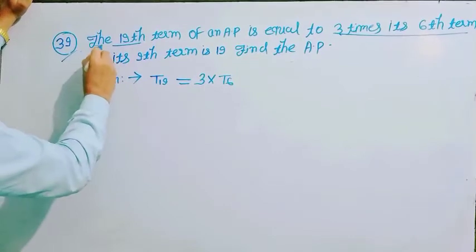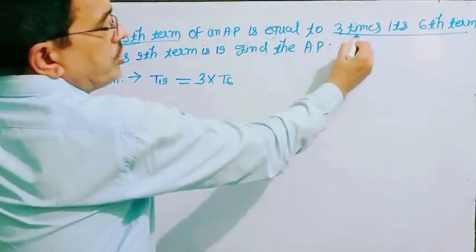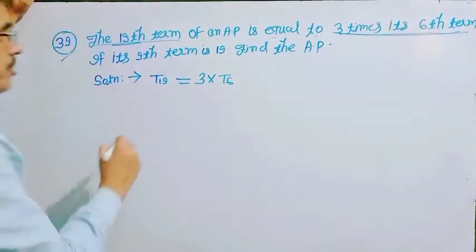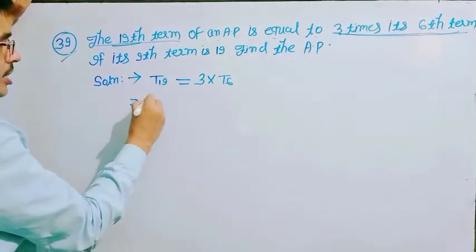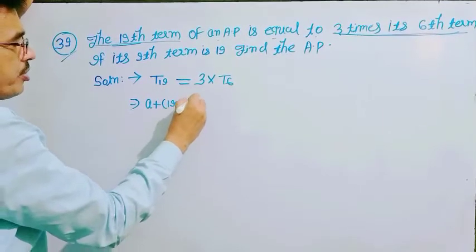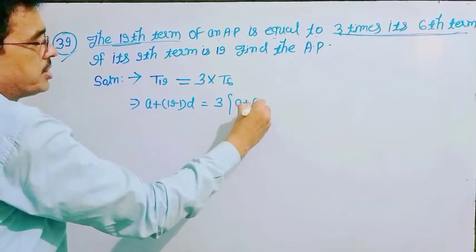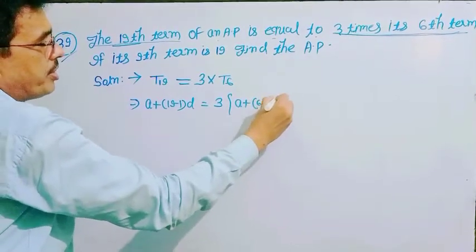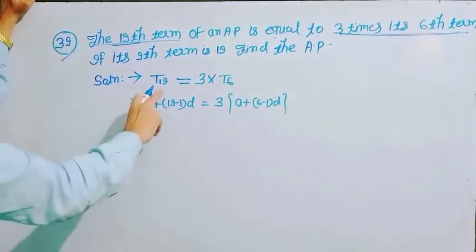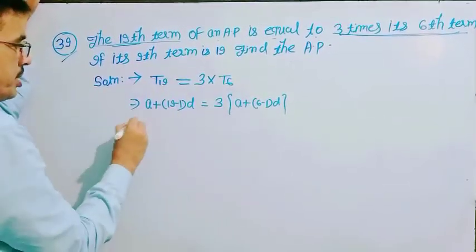Then you write here A plus 19 minus 1 into D is equal to 3 into A plus 6 minus 1 into D. Here T19 is equal to 3 times the 6th term.